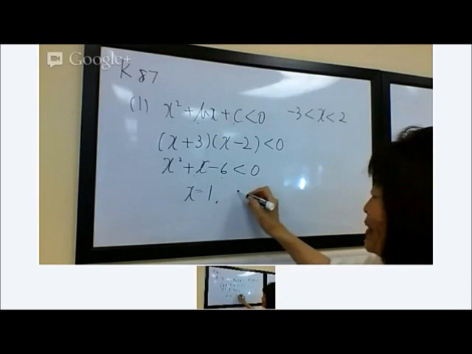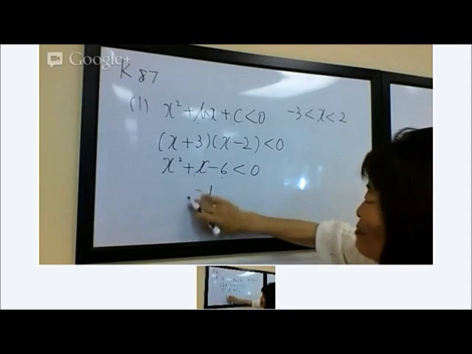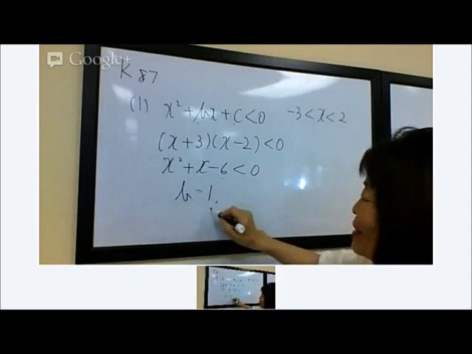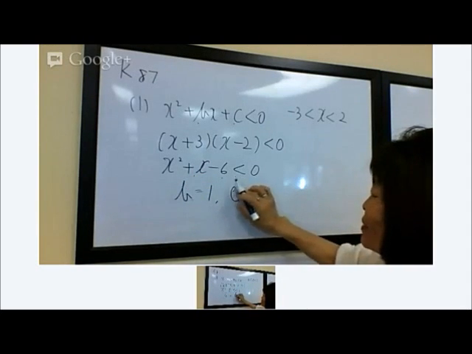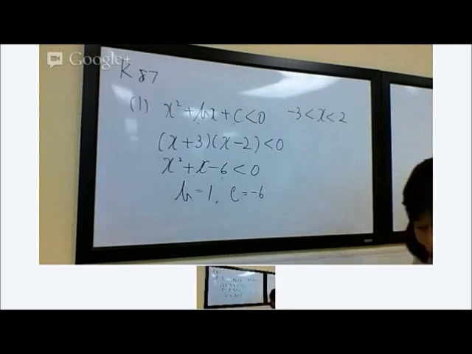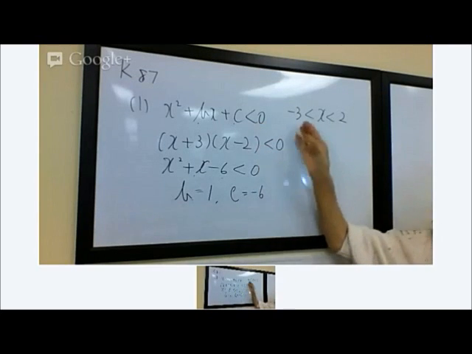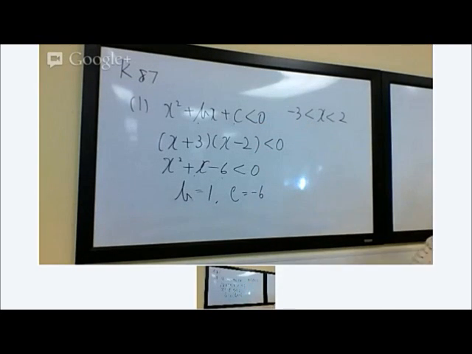This is very clear, right? B equals 1, C equals -6. The same way for the other question. Same way, even the graph is right. Go this way, and also plug in this number.